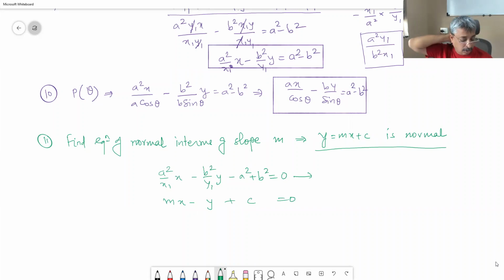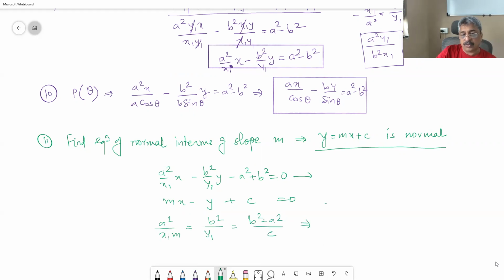So both these are normals, therefore their coefficients must be proportional, and hence a square upon x1 m should be equal to b square upon y1 into minus minus gone. So b square upon y1, which is equal to b square minus a square upon c.